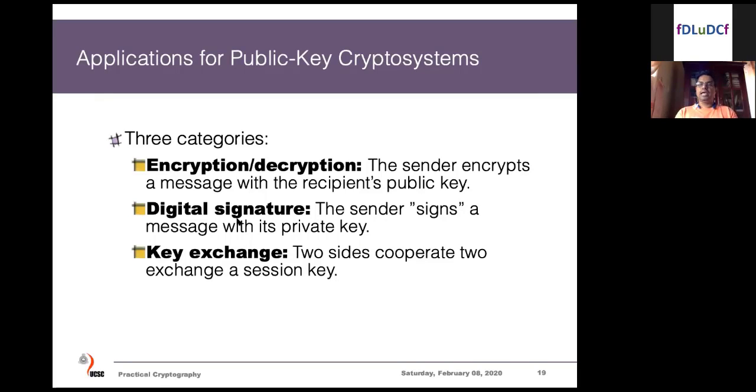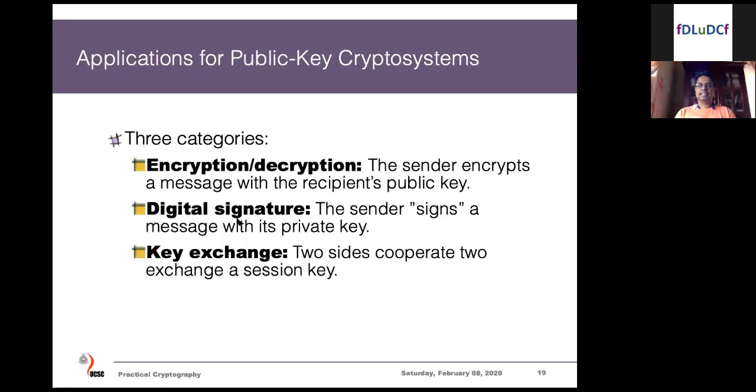Right. As you may have understood, public key cryptography has several applications. One famous application is encryption and decryption. If someone wants to encrypt data, they have to use the public key of the recipient, and then the recipient can decrypt it using their private key. Then public key cryptography can be used for authentication, or what we call digital signature.